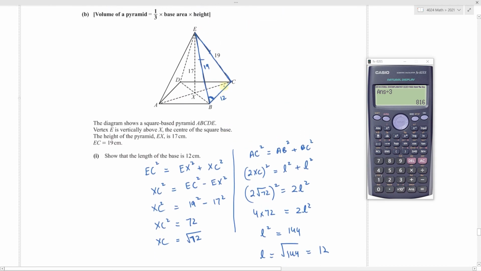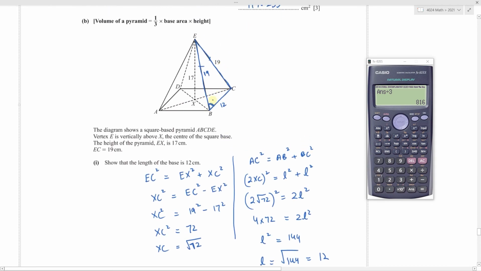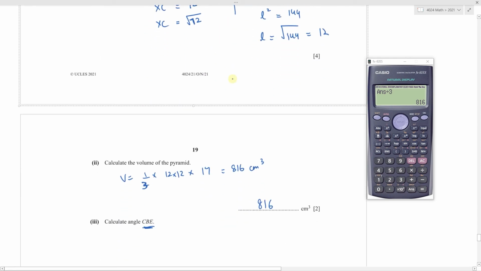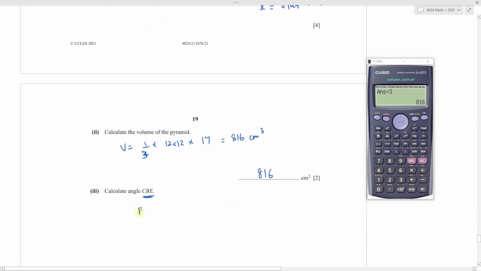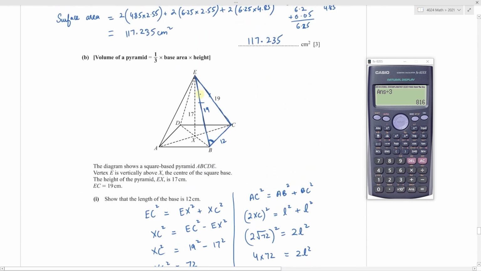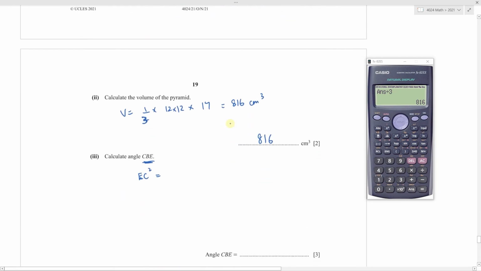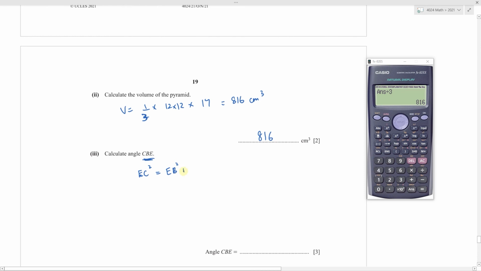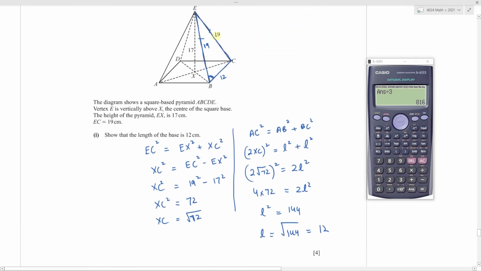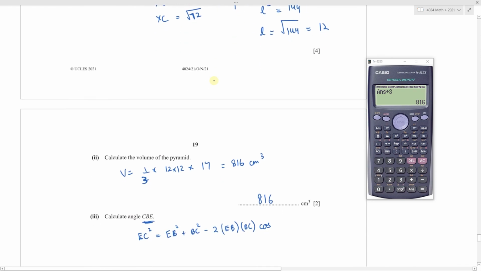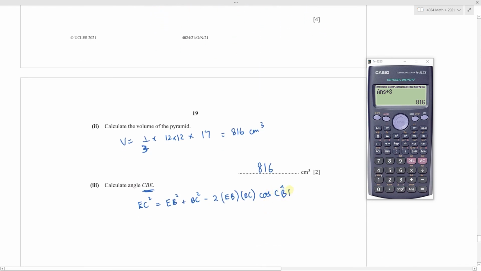The cosine rule: the length opposite to the angle that I want to find, which is EC, so EC squared equals EB squared plus BC squared minus 2 times EB times BC times cosine of the angle opposite to EC, which is CBE.